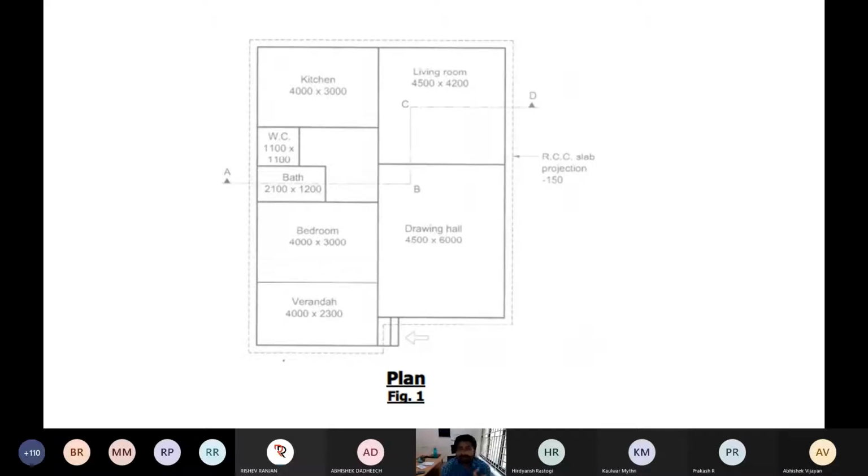I already told one thing. Some door dimensions and window dimensions are not there actually. That you have to assume suitably. Then the position of doors and windows, that is also for you to decide. Where to provide the door for this bedroom?